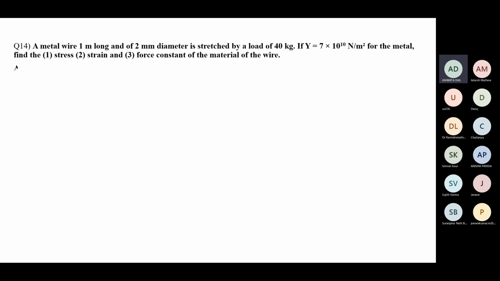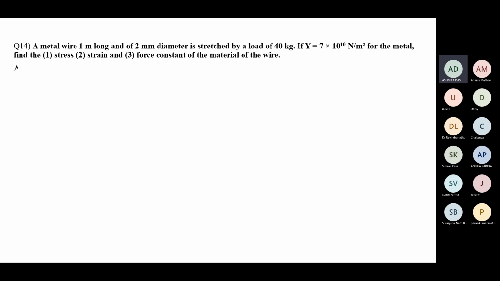Now moving to the next one, Young modulus equals stress divided by strain. So strain is equal to stress divided by Y. So that is 1.25 into 10 to the power 8 divided by 7 into 10 to the power 10. So strain comes as 1.78 into 10 to the power minus 3.